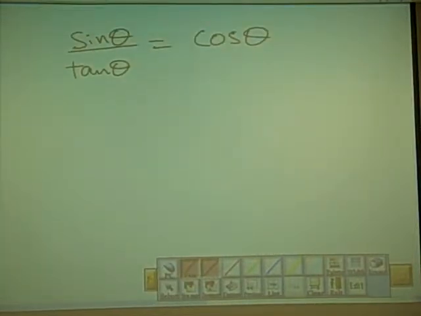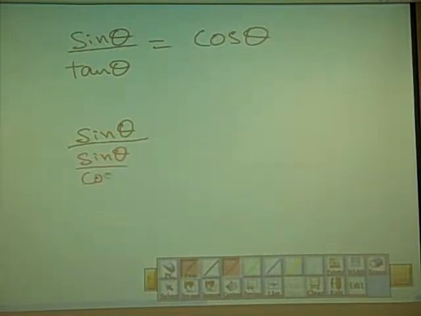So the first thing we can do is change tangent in terms of sine theta over cosine theta. And then we want that to equal our right hand side.